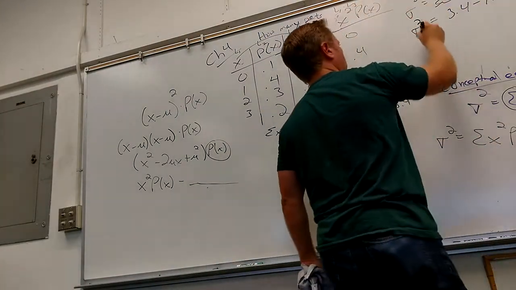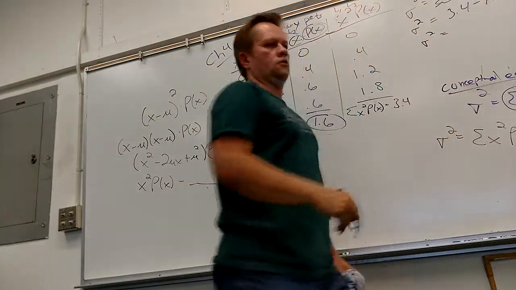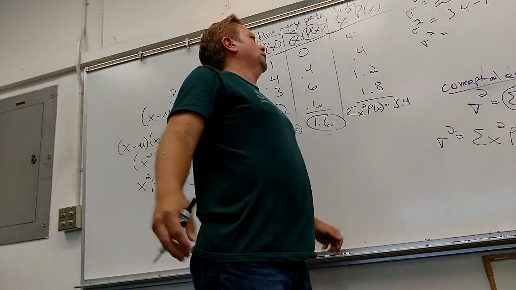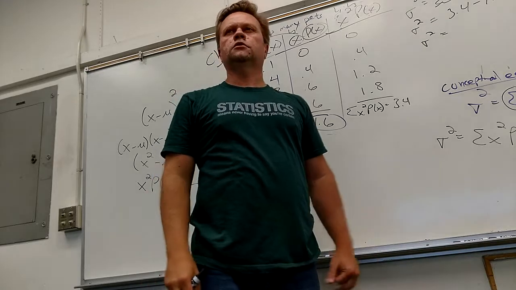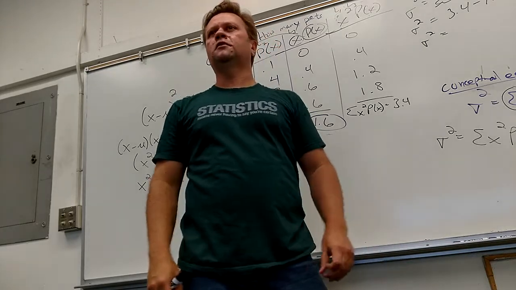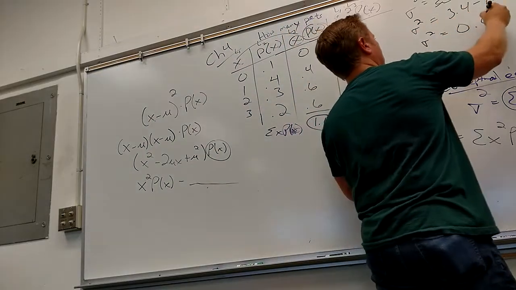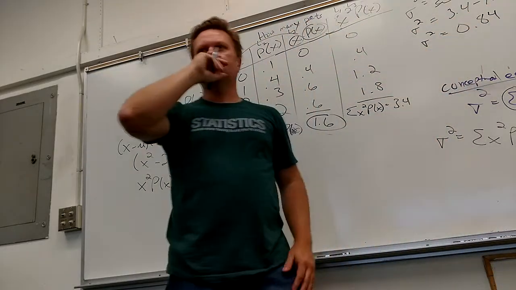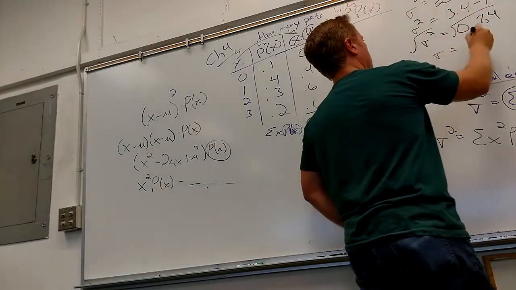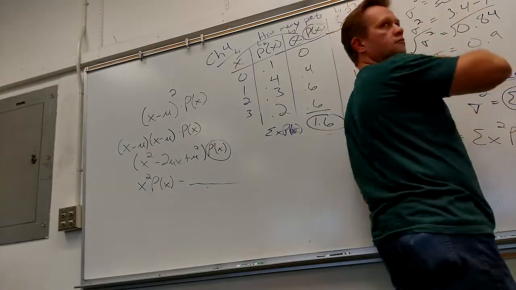And that's going to be the variance, right? 2.56, 0.84, maybe? And then take a square root, it's like 0.9 something. 0.92.